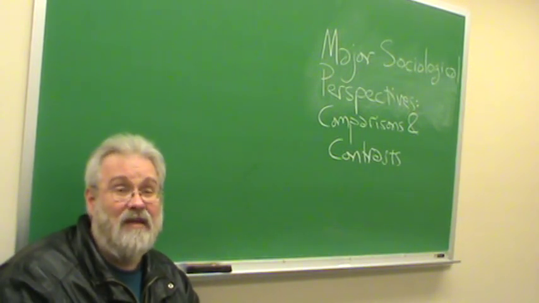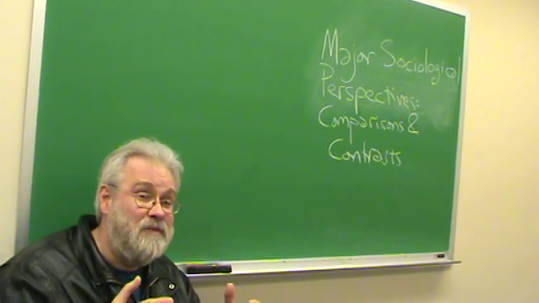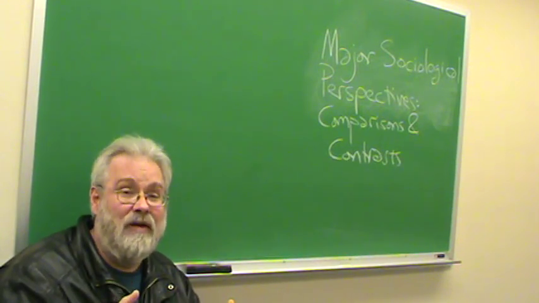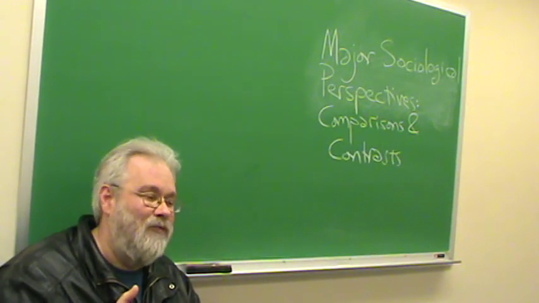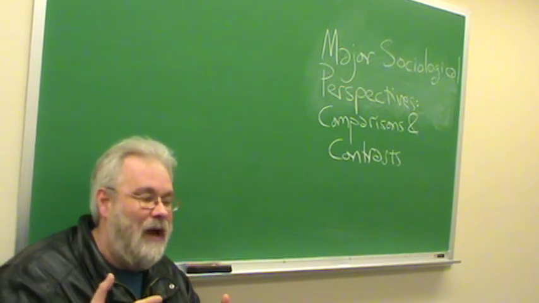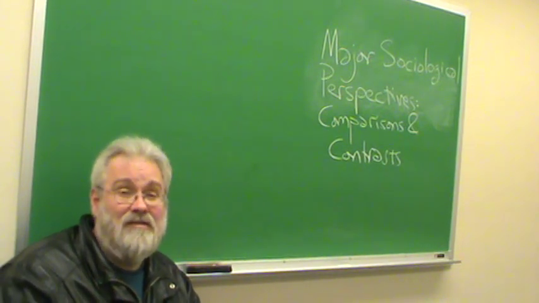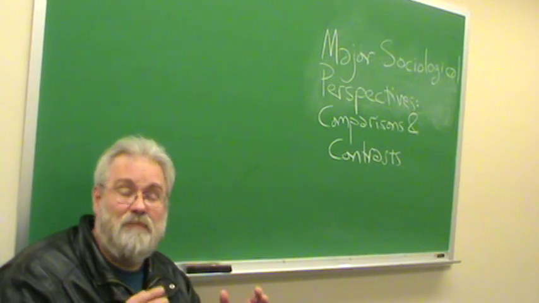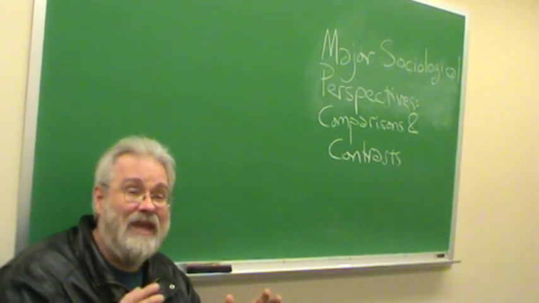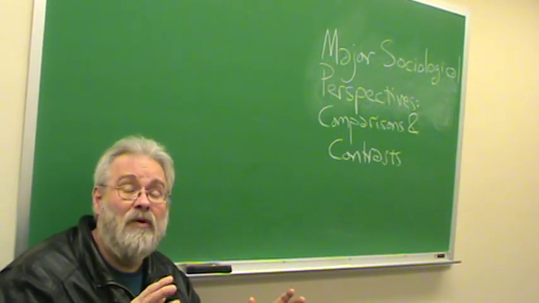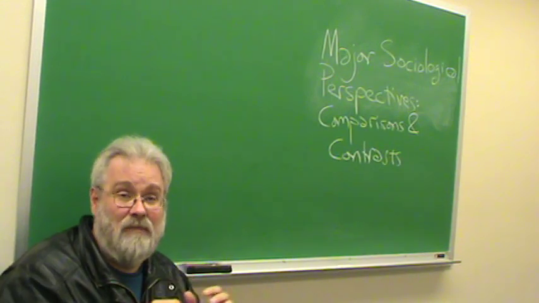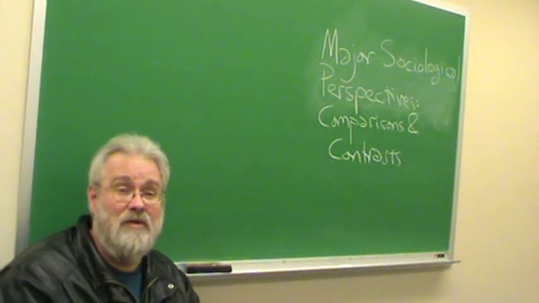You're going to have to think a little bit about what these perspectives are and how they're different. My last, well, I won't say it's a hint, my last suggestion is to think that each of these different perspectives is a different way of looking at society, looking at people, looking at human nature. They make different assumptions about human nature.